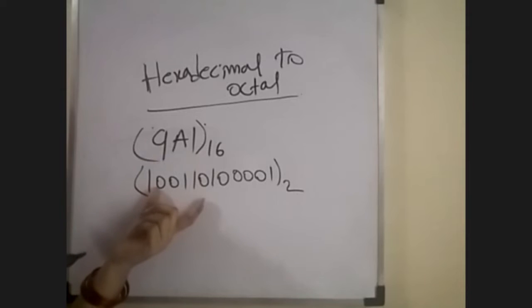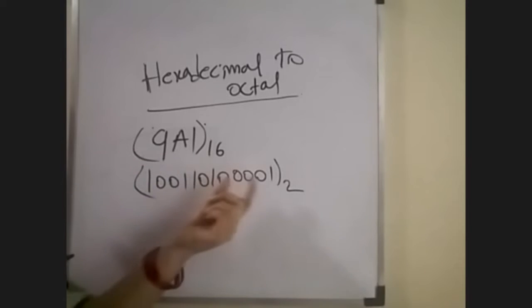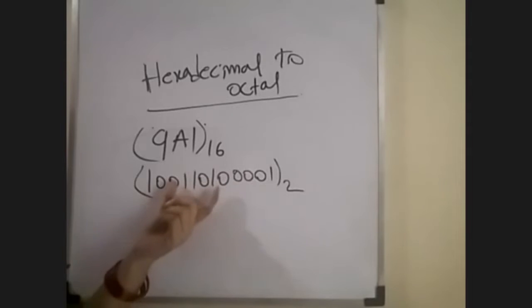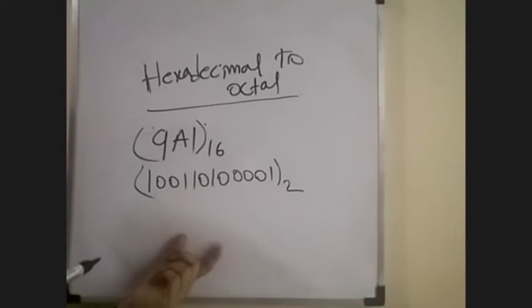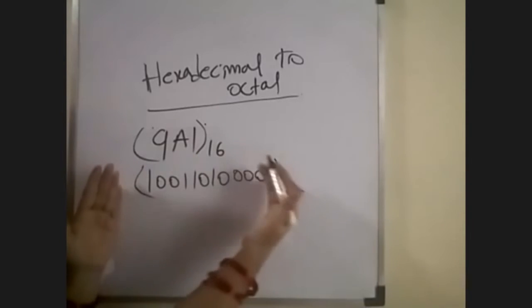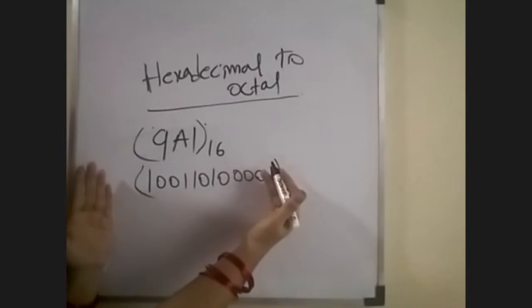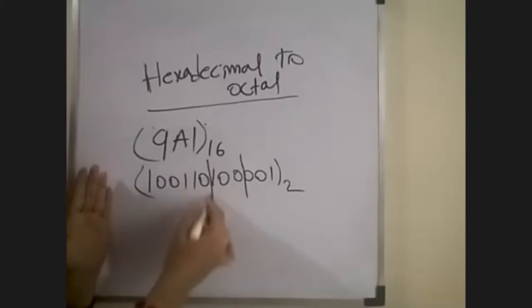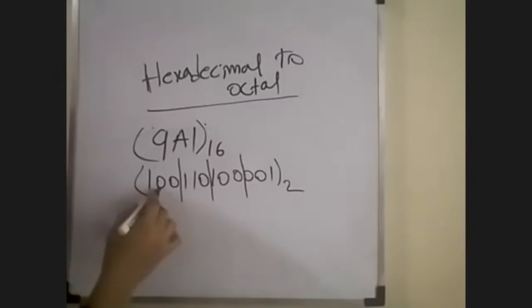Then take this binary number and make groups of 3 bits, and write its octal equivalent. This process will scan the values from right to left: 1, 2, 3, 1, 2, 3, 1, 2, 3, and 1, 2, 3. So this value is 4641. This is the octal number.